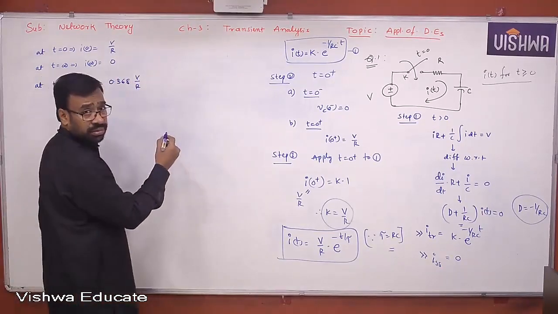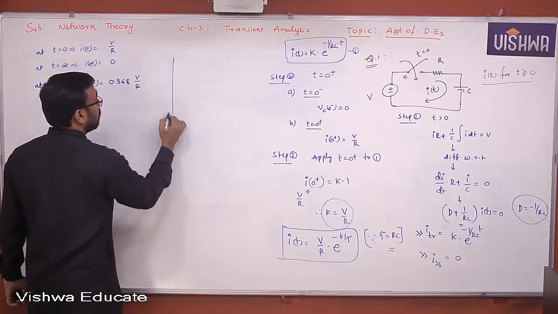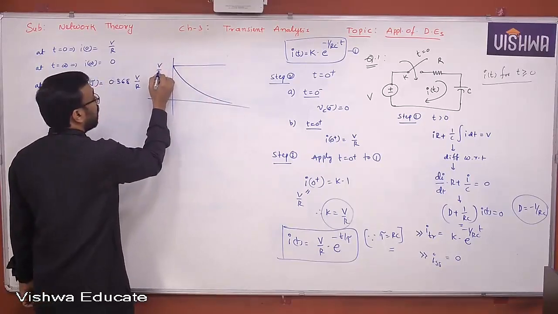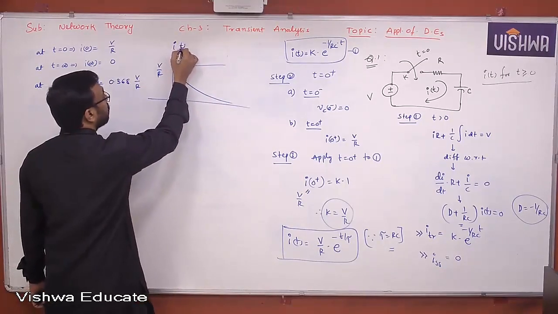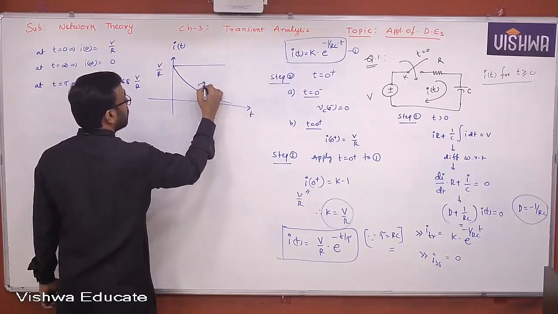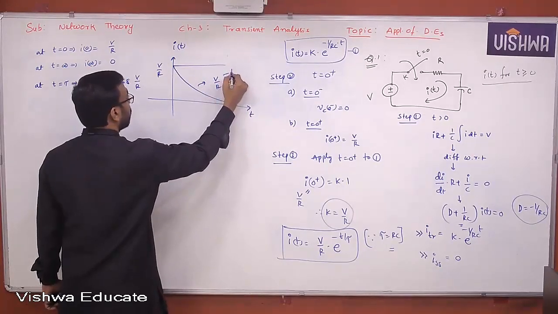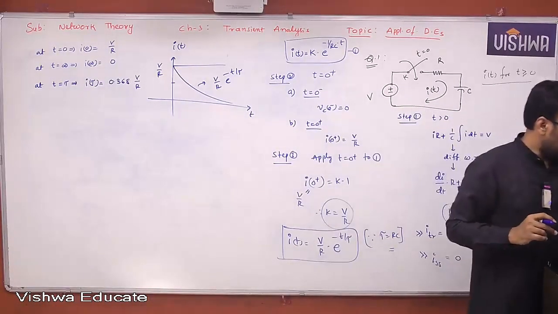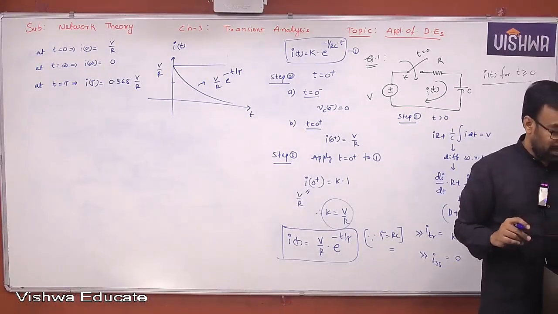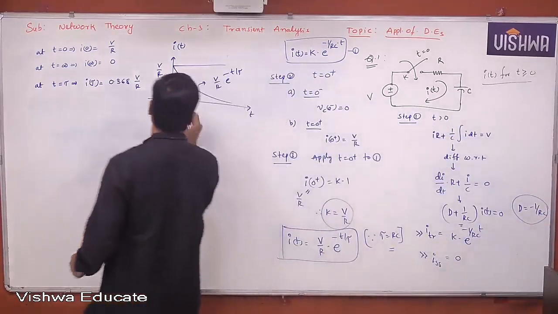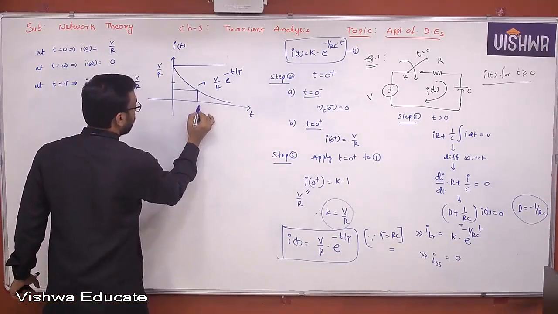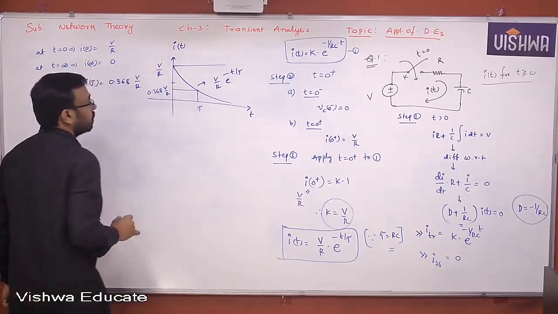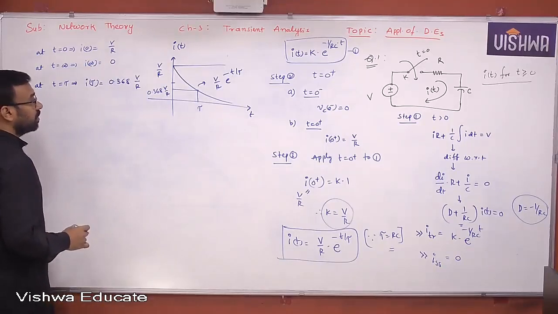From this, it's very clear that it is an exponentially decaying function. This is V/R, this is i(t), this is time t, and this is V/R e^(−t/τ). The value 0.368 V/R is 36.8% of the initial value.